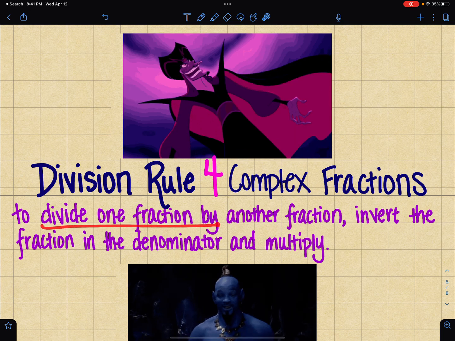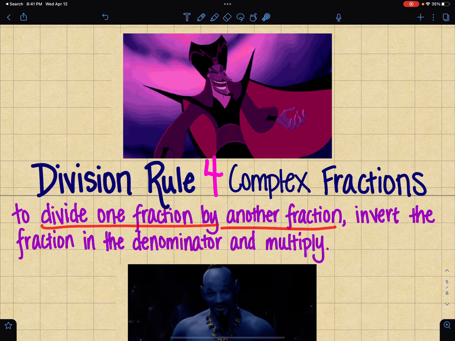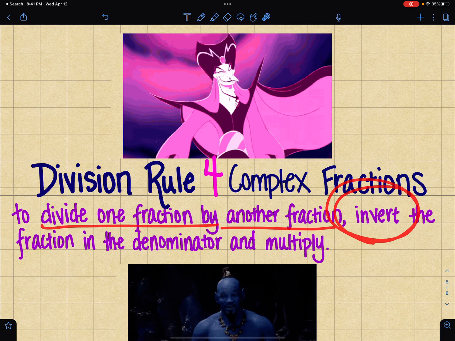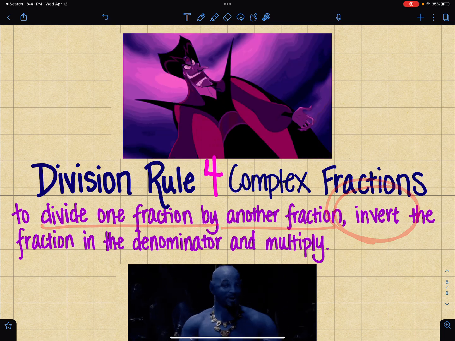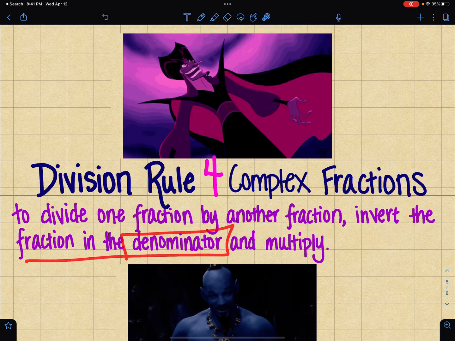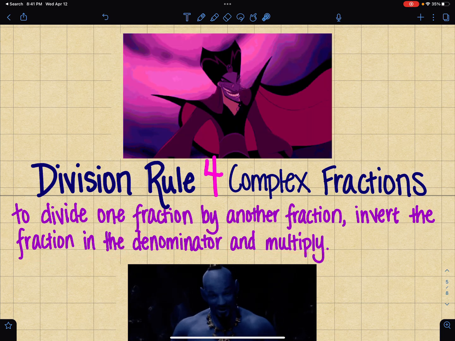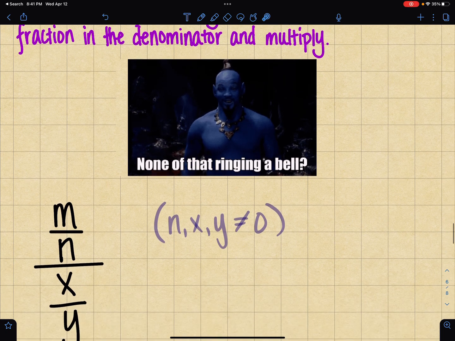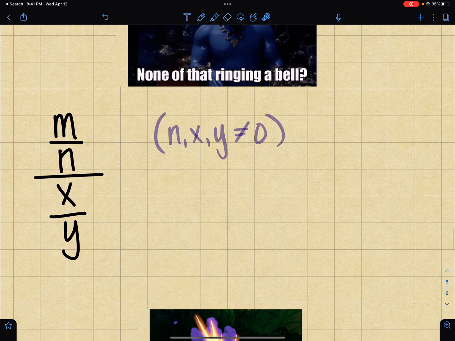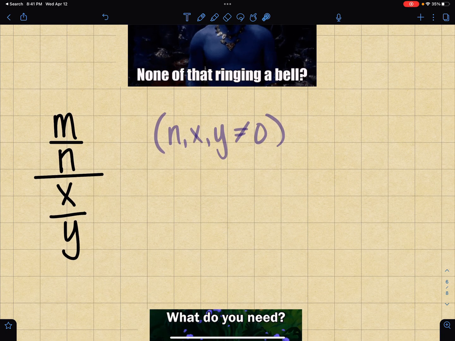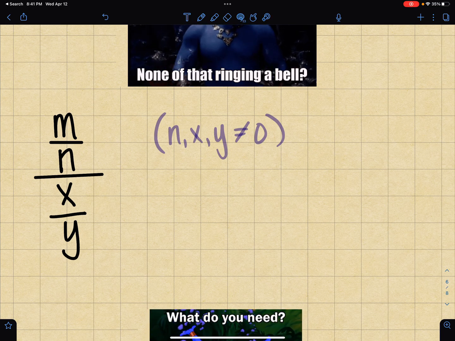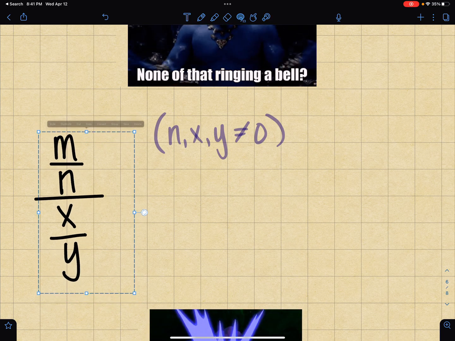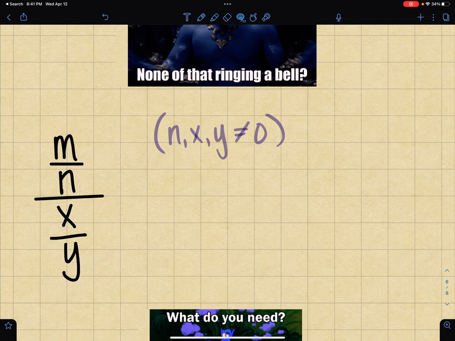To divide one fraction by another fraction, invert, that means do the reciprocal, invert the fraction in the denominator, and then just multiply straight across. That's it. Is any of that ringing a bell? Yes, you've done that before. Now let's practice it with these variables and use that rule to make it easier.